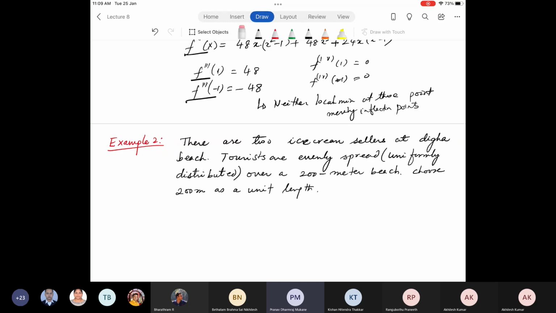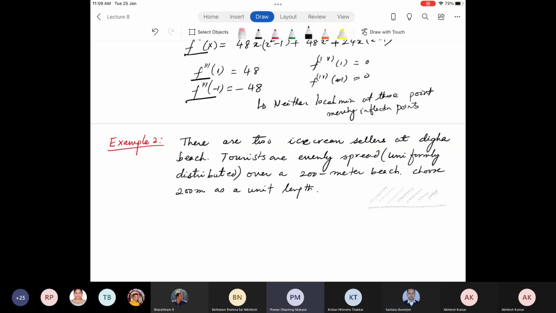At what place? Sir, at the middle. At the middle. Why? Sir, exposure of the ice cream parlor will be most at the middle, and also in case of travel time, that position will give the minimum travel time for the buyer.